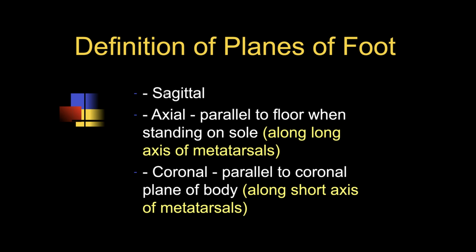Now, the axial plane, by definition, using the standard anatomic human, would be planes through the body that are parallel to the floor. And then the coronal plane, in the standard anatomic man, if you're standing back up against the wall, would be a plane parallel to the wall.